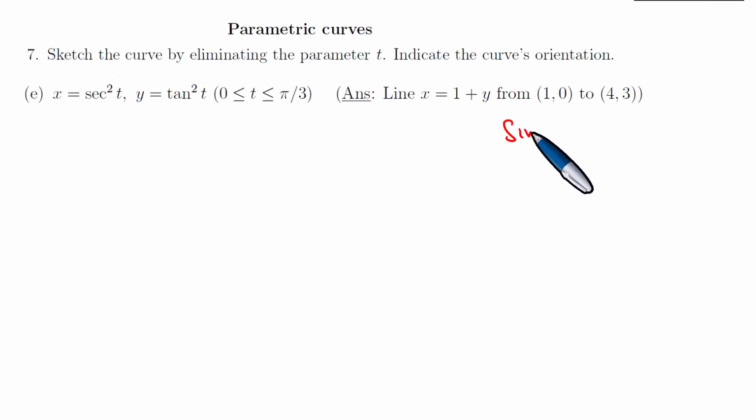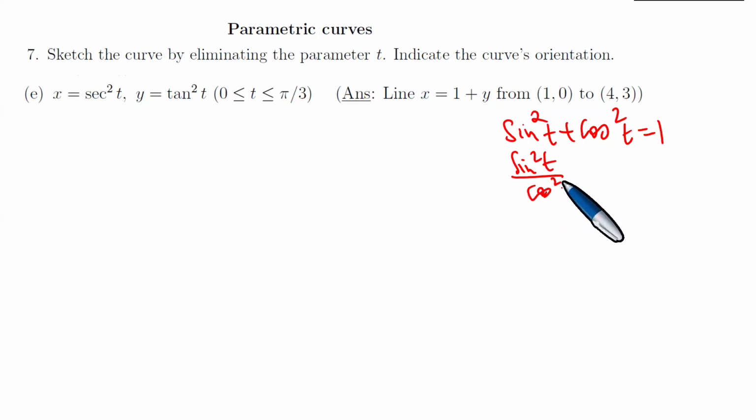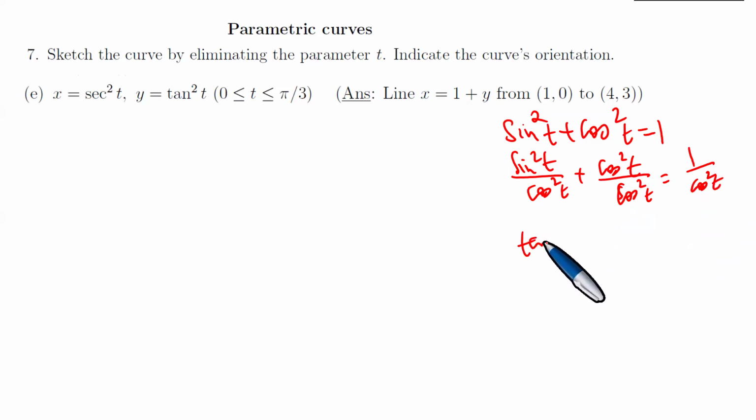Everything starts from sine squared t plus cosine squared t equals 1. Divide by cosine squared t throughout, getting tan squared t plus 1, because cosine squared over cosine squared is 1, and then 1 over cosine squared becomes the secant squared.